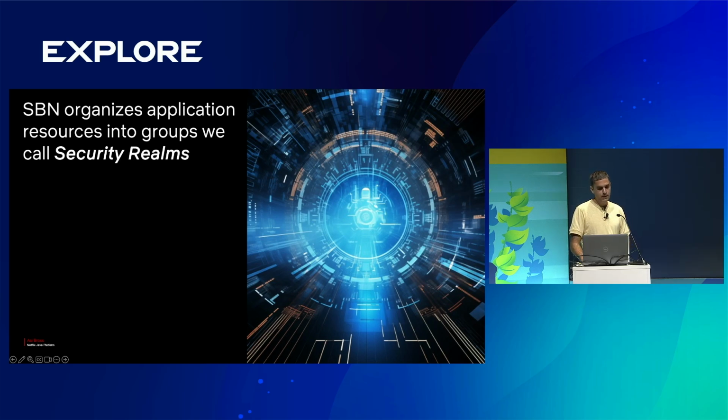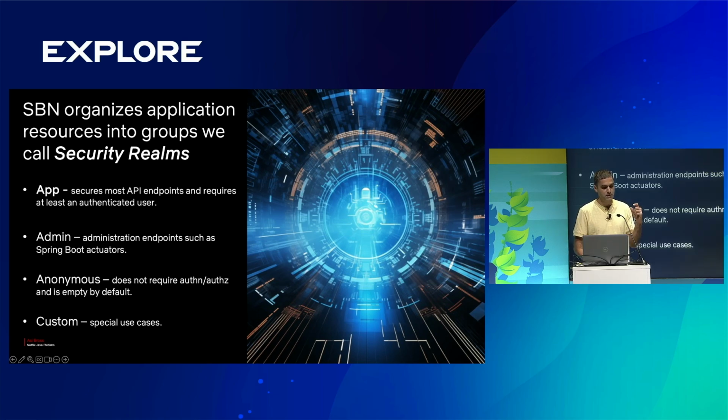All right. We organize application resources into groups we call security realms. A security realm, our concept, is basically all the common security constraints, like authentication method and authorization rules, grouped into a handful of security realms. We have the app realm, which is mostly all of the endpoints of an application. Admin is the administration-specific endpoints.